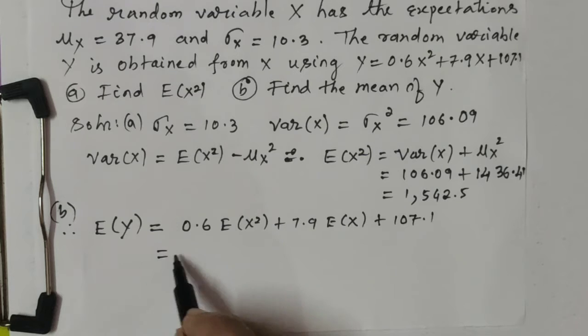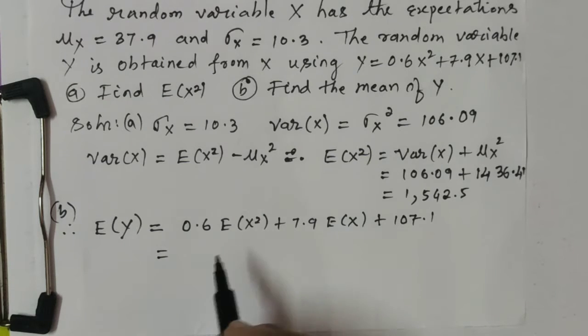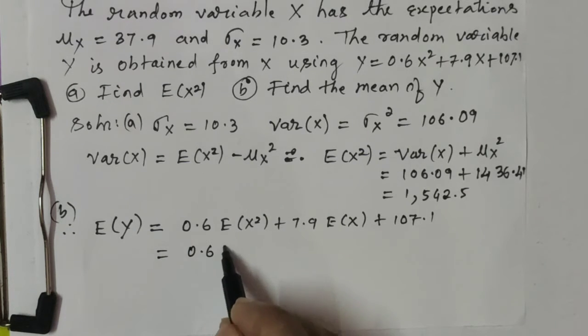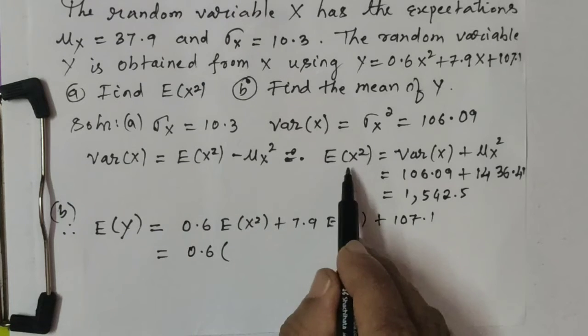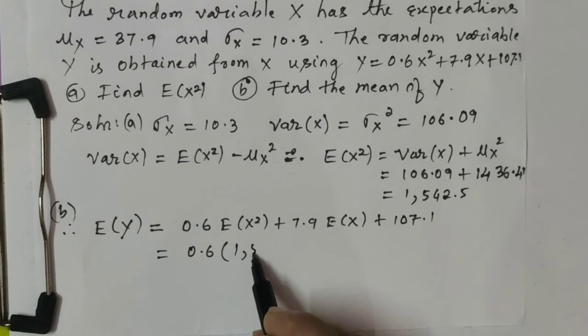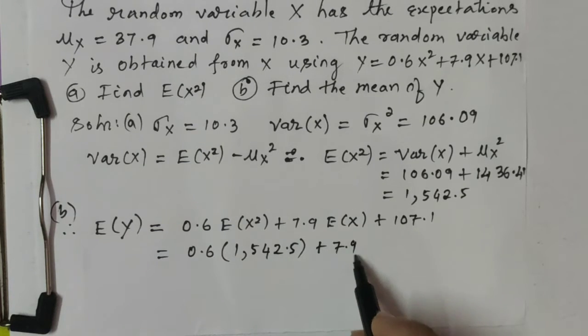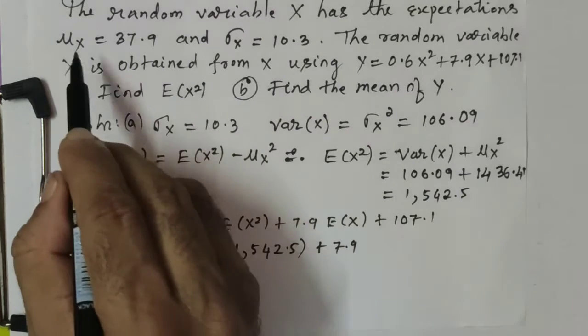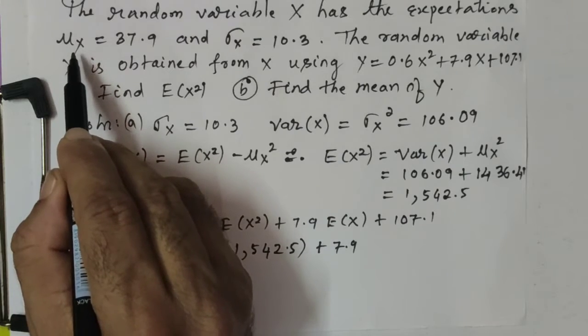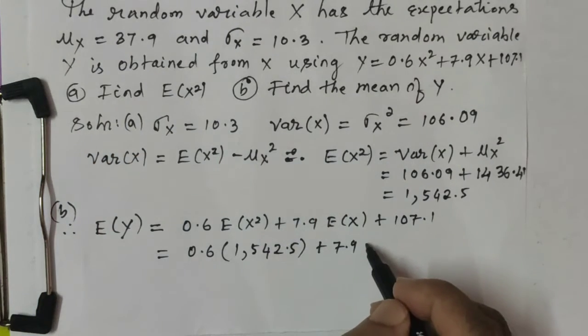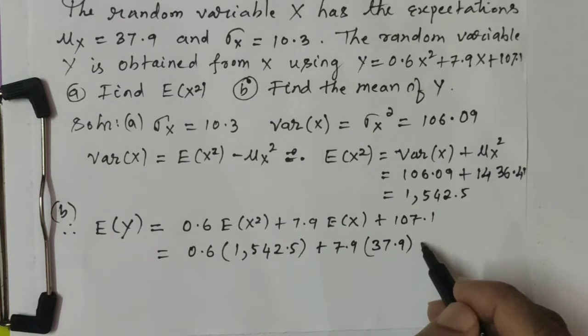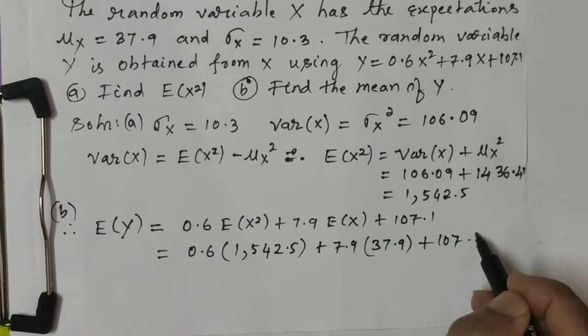This is equal to 0.6 into E of x square, and E of x square is here, 1542.5, plus 7.9 into E of x. E of x means mean value mu x, which is equal to 37.9, plus 107.1.